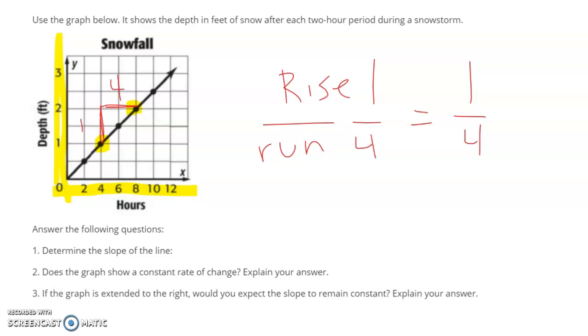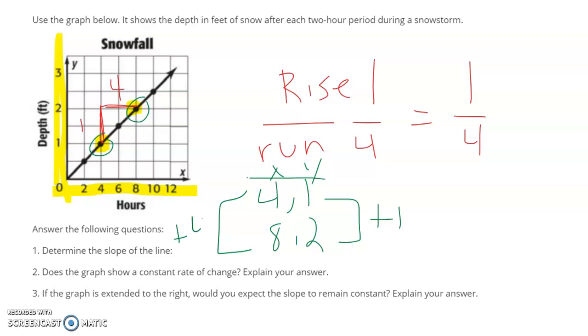Another way you could do that is you could name this point right here, which is 4, 1, and name this point right here, which is 8, 2, and do it by modified table, and this is +1 and +4, which is 1/4.